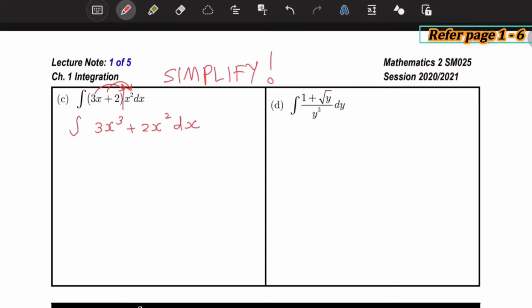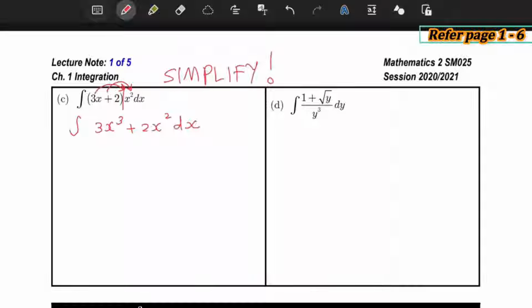Okay, class. For integration, there is no product rule, no quotient rule. Product rule and quotient rule are for differentiation only. So if it is in a multiplication form like that, never think of using the product rule, because product rule is for differentiation only.